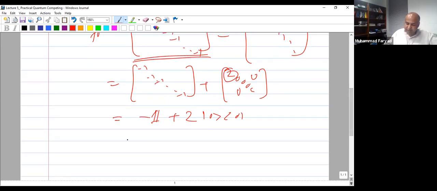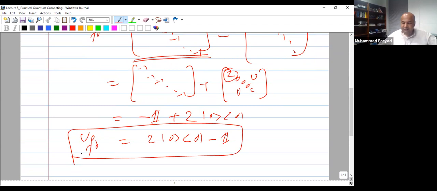Or I can write it like this: 2 |0><0| minus identity. This operator has nothing to do with the search space, because this is fixed. It multiplies only the 0 0 state with a number different from the other states, so this F naught has nothing to do with the search space.